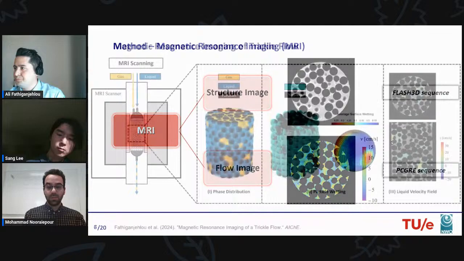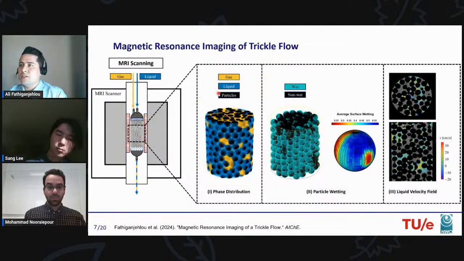In our previous work, we used MRI for investigating a trickling gas-liquid flow inside the packed bed. And we categorized the trickling flow using parameters such as phase distribution. For example, we can say how much of the column is occupied with liquid, gas, or particles.